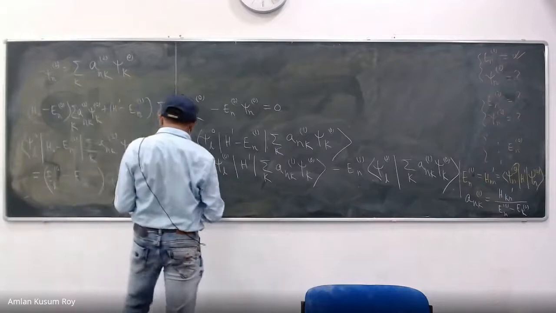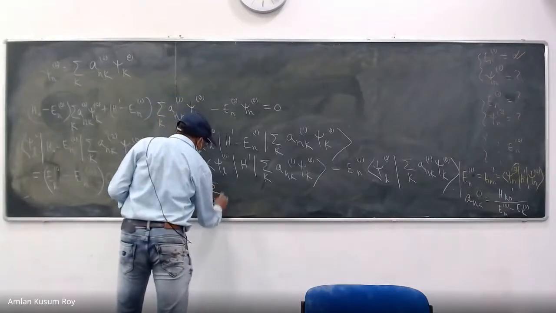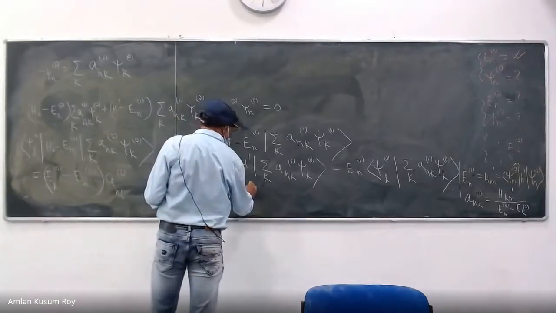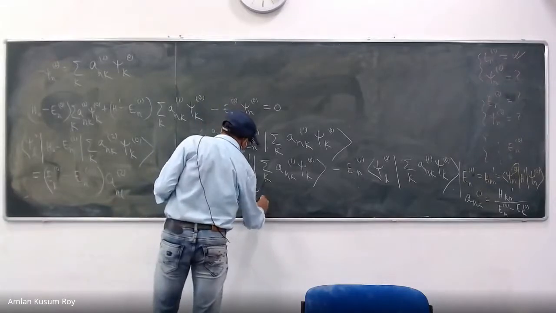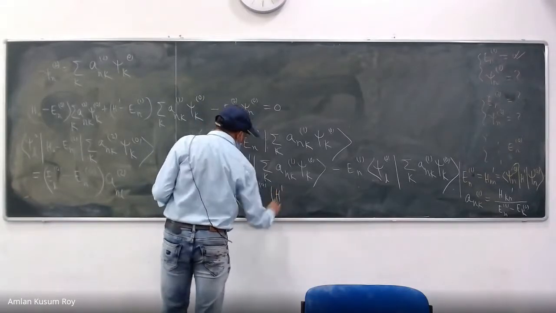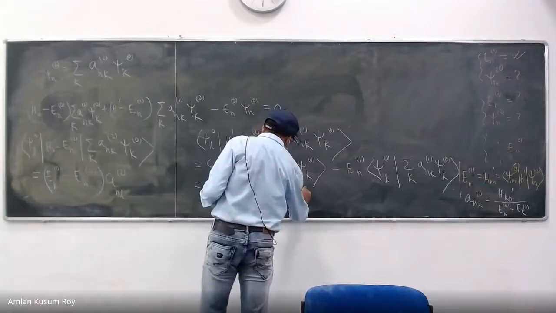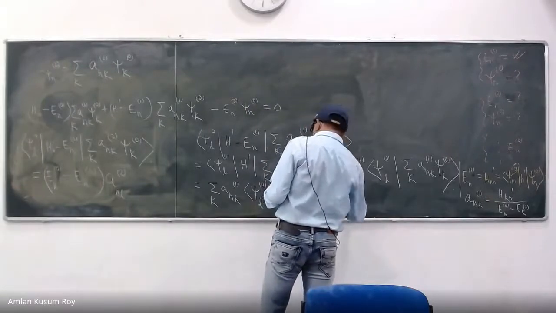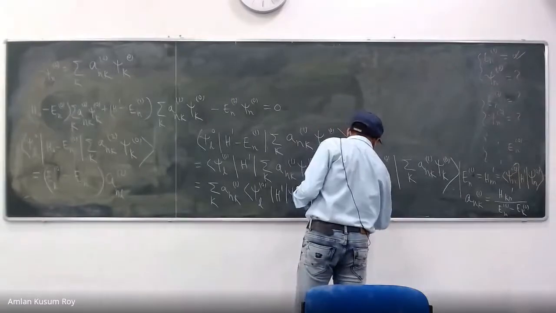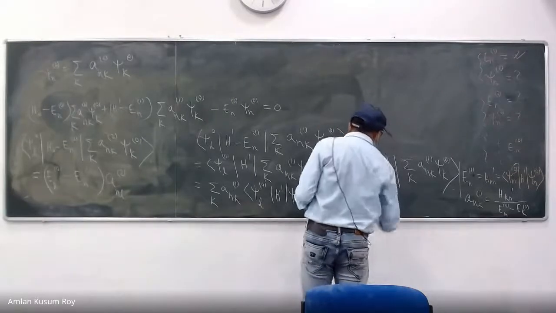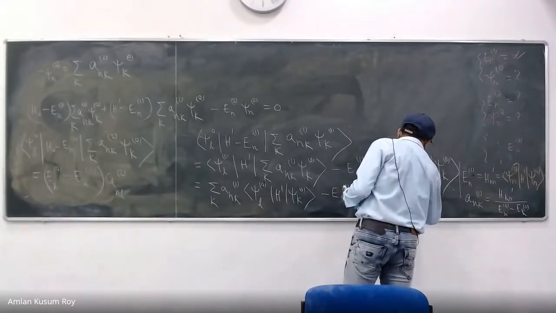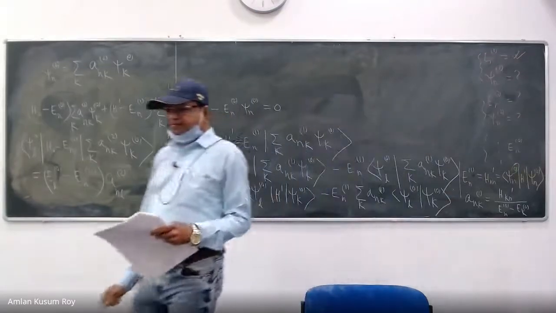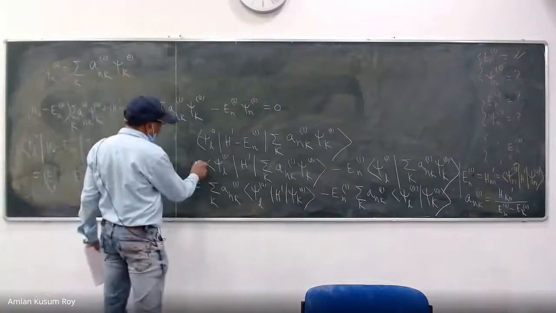I can bring again the summation first. Let us put A_NK^1 ψ_L^0 H' ψ_K^0 minus E_N^1. Now it will slowly become easier.